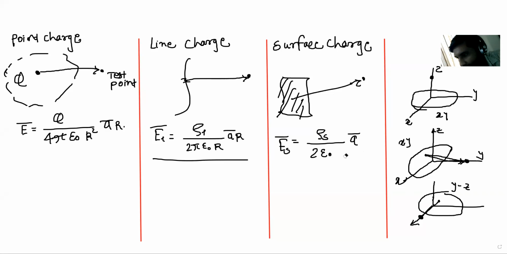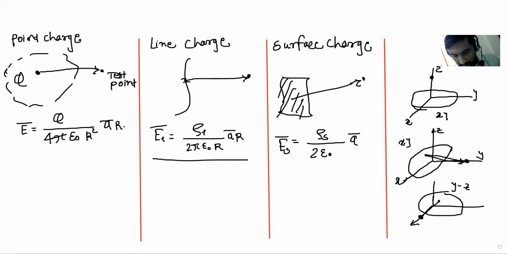So anyway, it is going to be a normal component to that plane, to that particular surface, to that particular sheet charge, right?